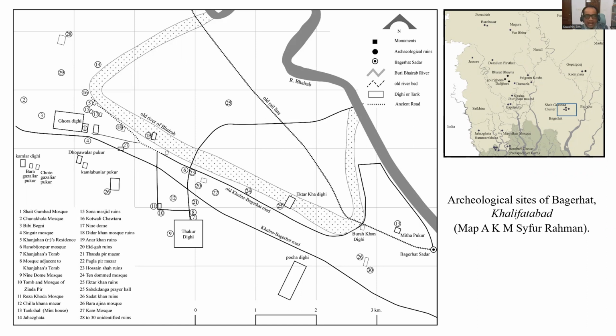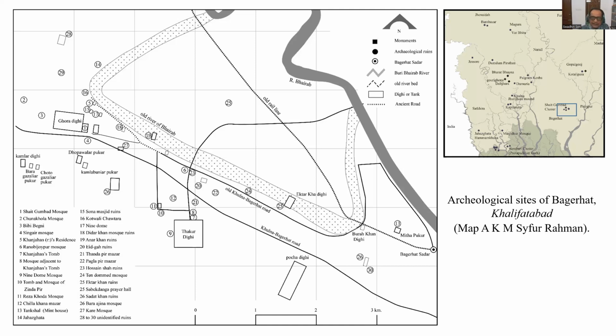And this is the map, prepared by Saifur Rahman, now regional director of Kumilla, Sylhet, and Chittagong region of Bangladesh. This is part of the paper of Saifur Rahman and Afroza Khan Mita, which has been published in our edited volume.